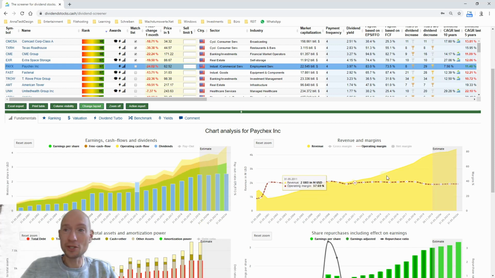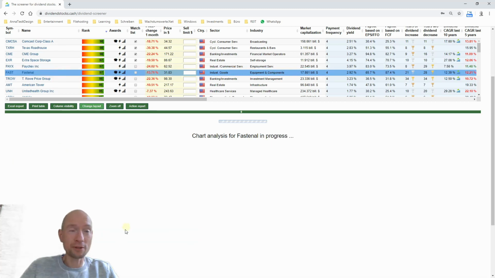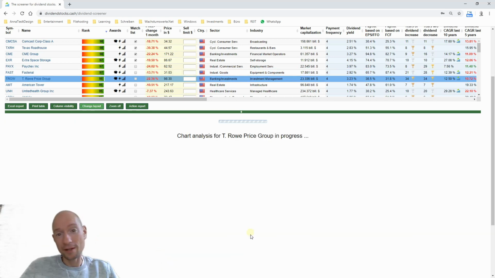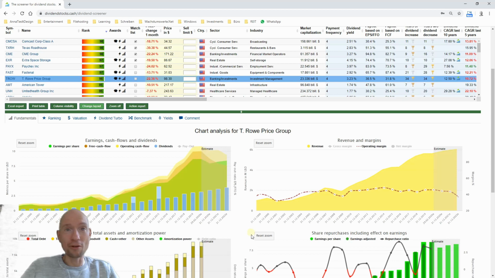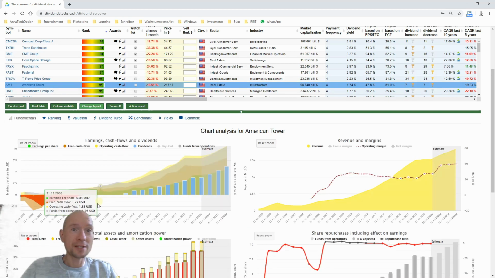Just look at this chart showing you the margins and the revenue on company level, and you see that this is a verification that we have a first-class company, and you can just jump from one stock to the next, and you always find first-class companies which made their investors happy in the long run, and chances are that this will still be the case in the future.